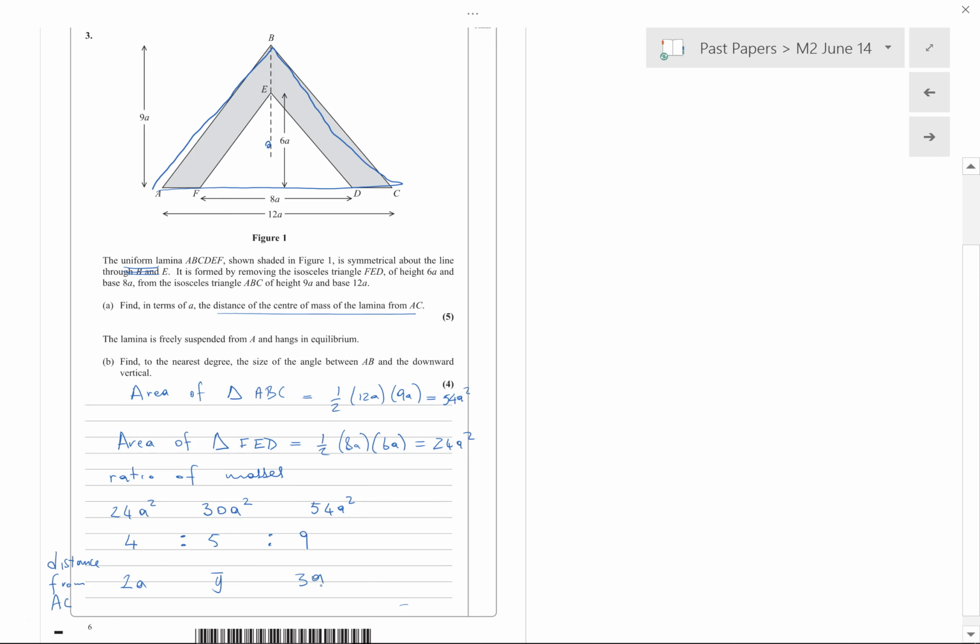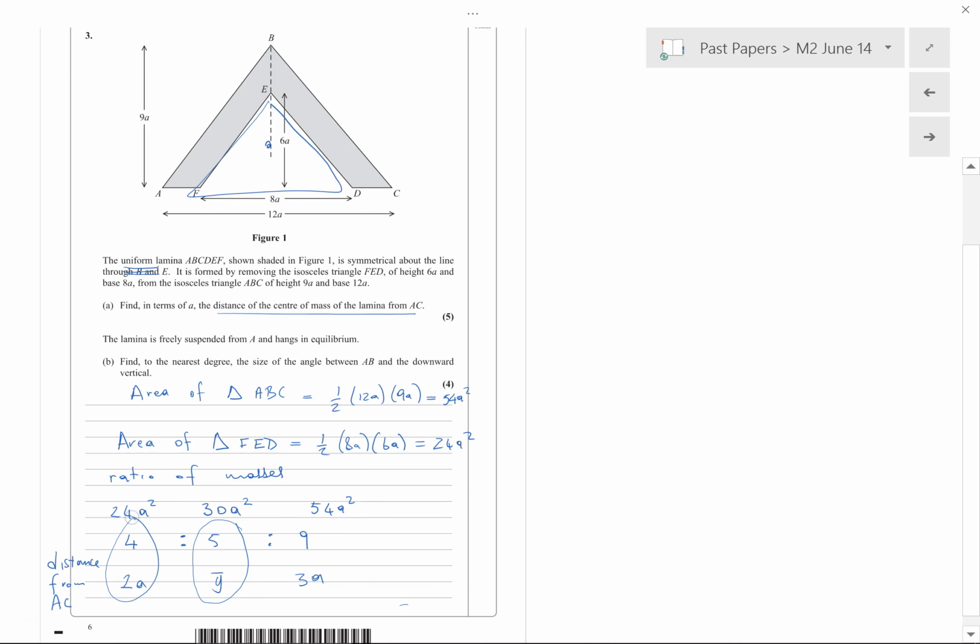Okay, and as I said, when we were doing June 2015, I like to think of this as almost you're starting off with a shape with an unknown centre of mass here. We're then adding on, almost like filling the hole here.